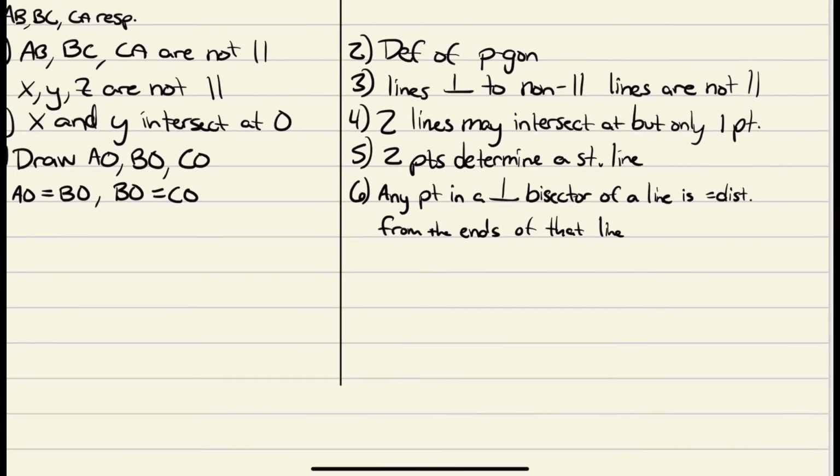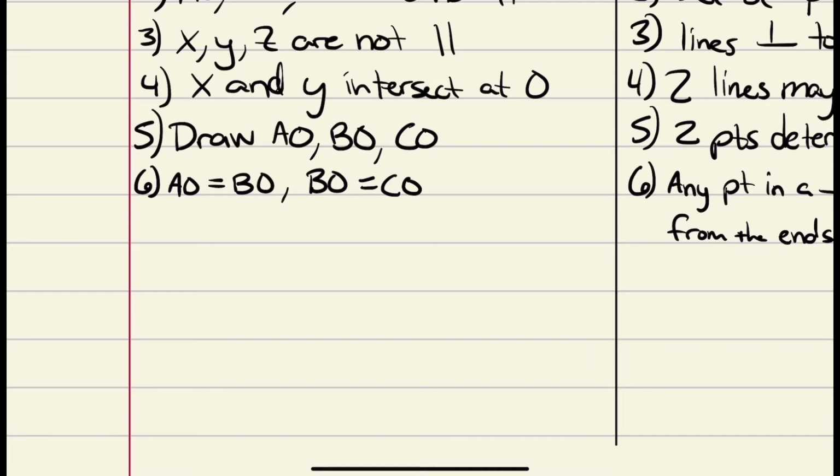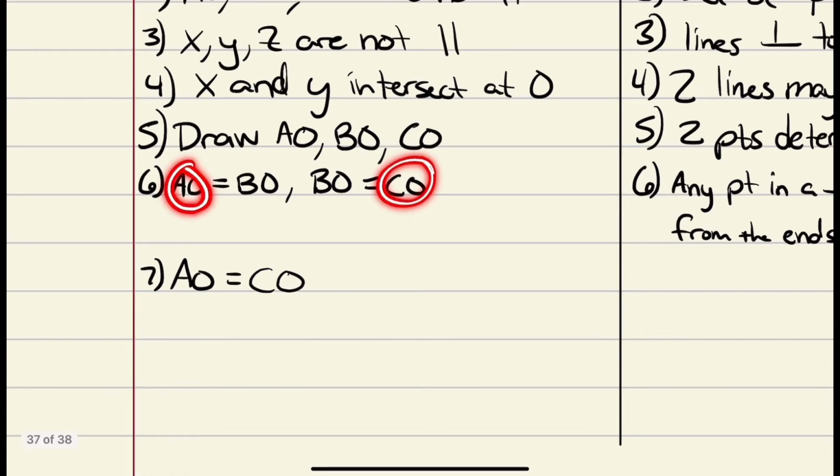Pretty awesome. But we can now use a lot of the thinking that we've done in the past. And this is where it just blew my mind when I saw this. Number 7, I can say that AO equals CO. This obviously makes sense, because since they both equal the same quantity, BO, they have to equal each other. Quantities that are equal to the same or equal quantities are equal to each other.